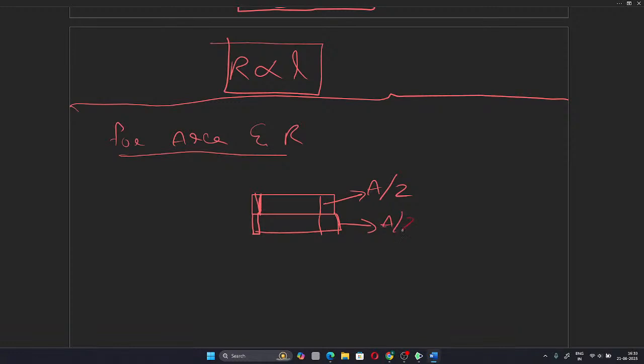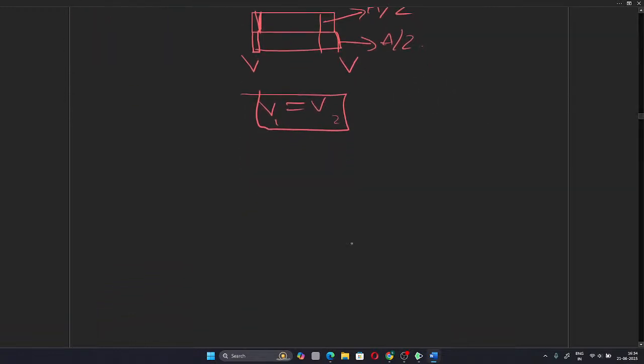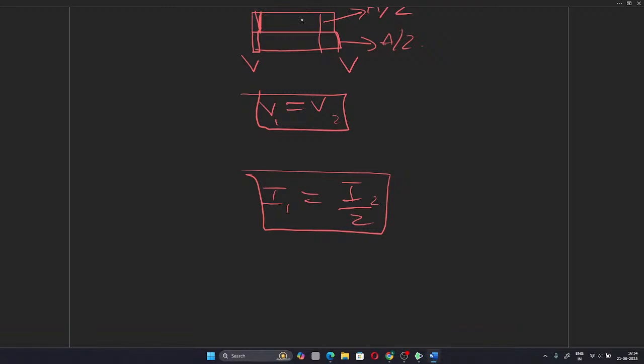Here as well the area is A by 2. In this case, the potential on this side will be equal to this side, so the potential in both slabs will be equal. But in case of current, for each individual conductor it will be I by 2. The current will be halved for each of the conductors.